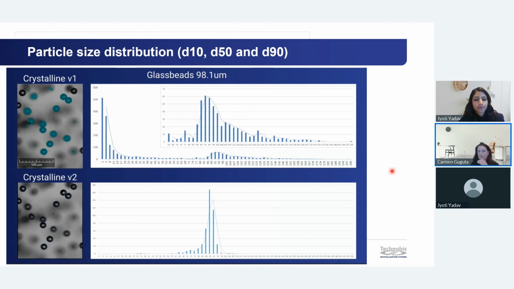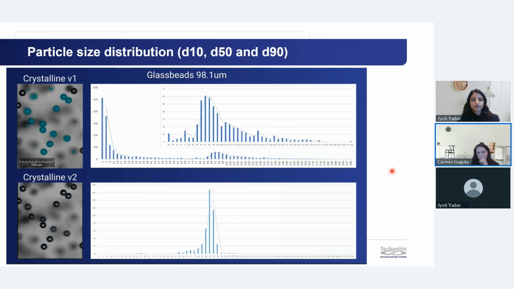Yeah, and the software comes with the multi-analysis software, as it is called in the Crystalline software package, with three possibilities: using either AI for particle detection, blob detection, or hybrid, a combination of the two.